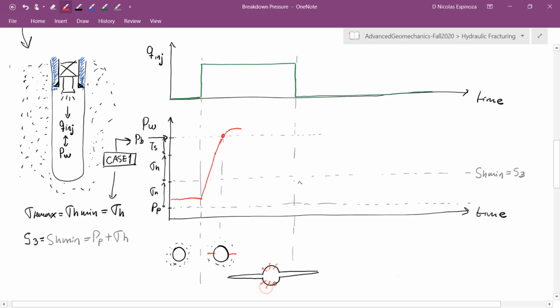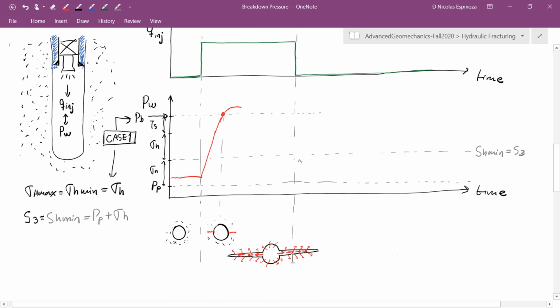Remember that we have assumed an uncased completion here, or an uncased wellbore, and the leak off is also going to be from the walls of the rock, the newly created fractures. And also we're going to have flow that goes from the well into the fracture. This is the regime in which we will have a full propagation.